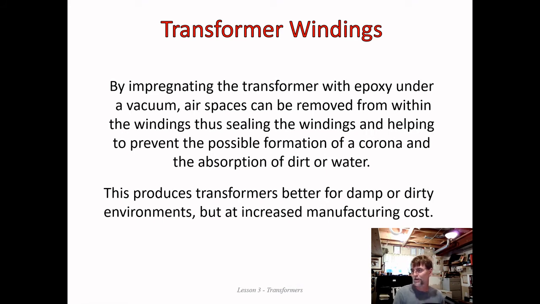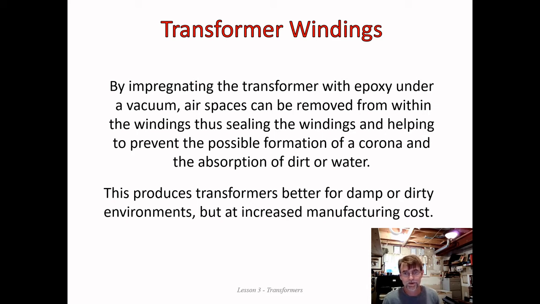By impregnating the transformer with epoxy under a vacuum, air spaces can be removed from within the windings, thus sealing the windings and helping to prevent the possible formation of a corona and the absorption of dirt or water. Formation of a corona, I'm not sure what that means, but we are talking about deformities in the transformer, a lack of efficiency, possibly a lack of functionality.